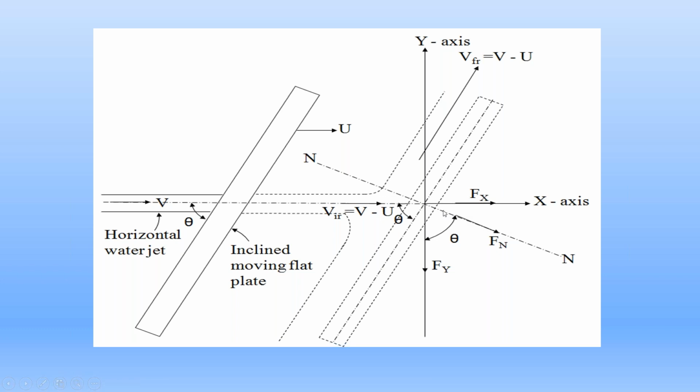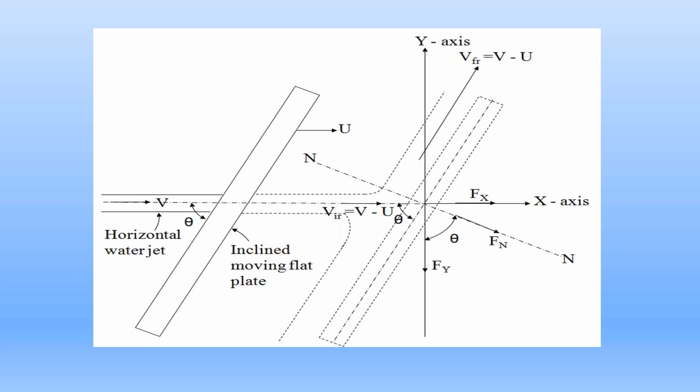Force Fn is acting along the normal line. So with force Fn, the final relative velocity is making the angle of 90 degrees. Due to that, the final relative velocity in the direction of force Fn is 0.